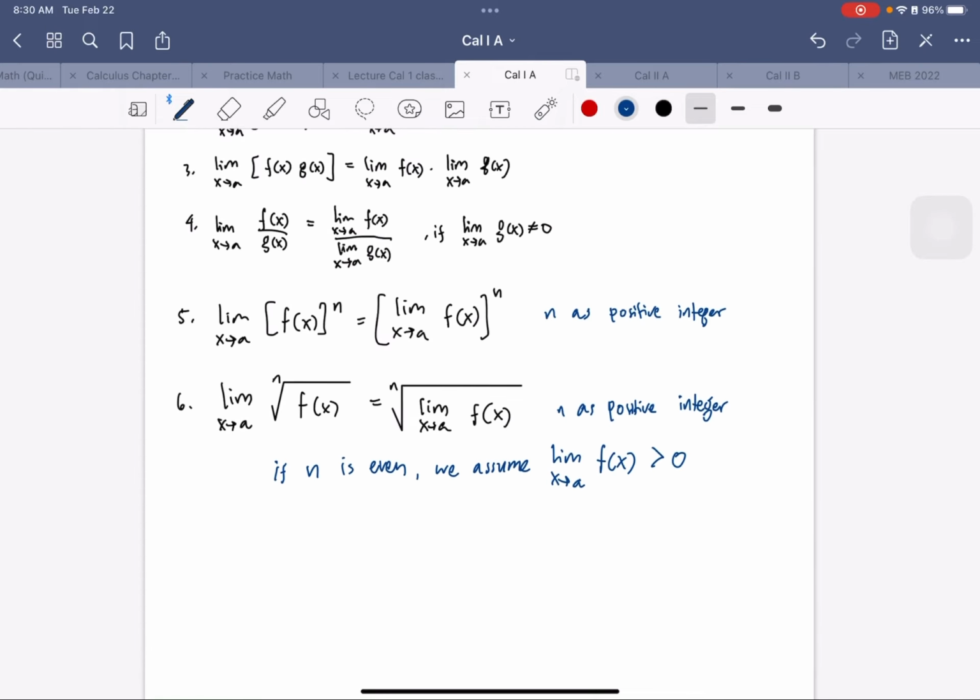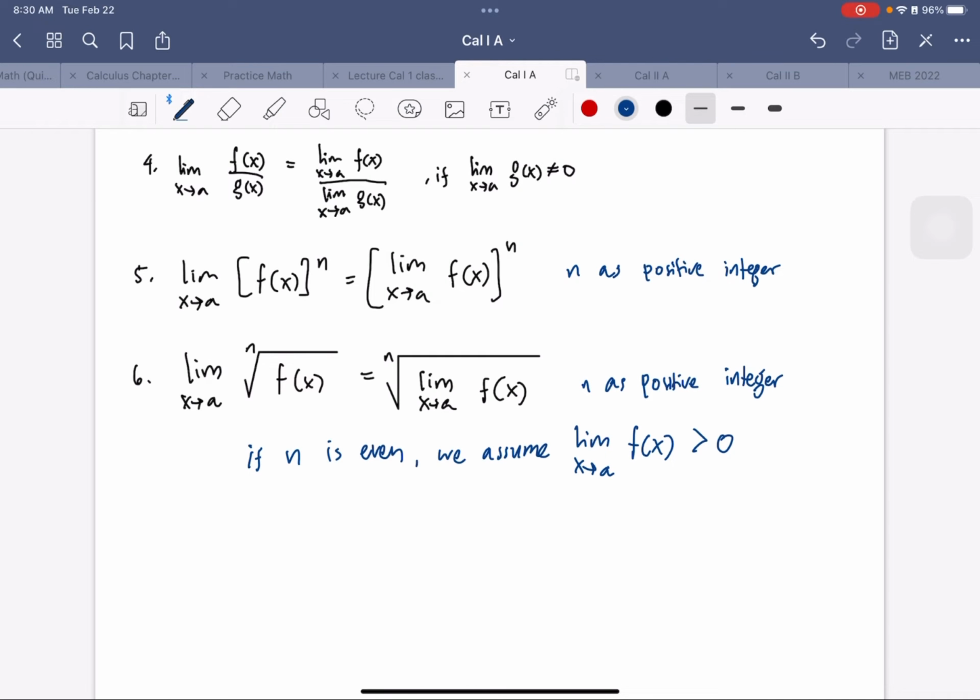Now another special case is the limit as x approaches a of c is also c. It's just a constant. And when you have the limit as x approaches a of x, we can actually write it as a.